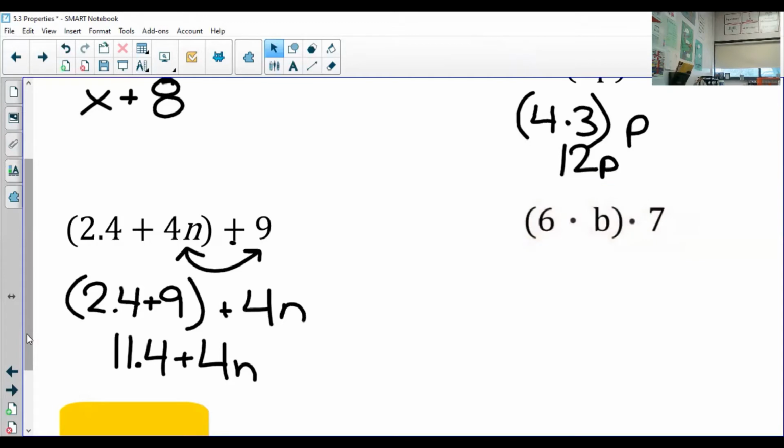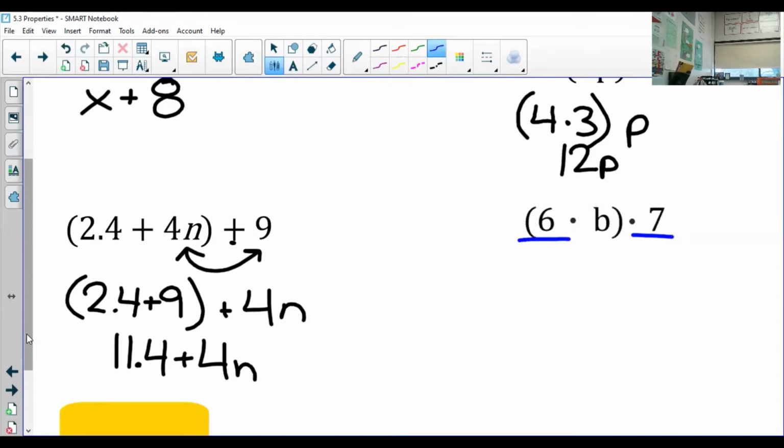Another one, 6 times b times 7. Now, again, I think this could be a commutative property because we could change the b and the 7 around. Because, hold on, let me backtrack for 1 second. What can I combine here? The 6 has no variable and the 7 has no variable, so we can put those two together.